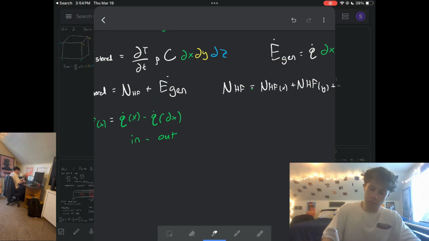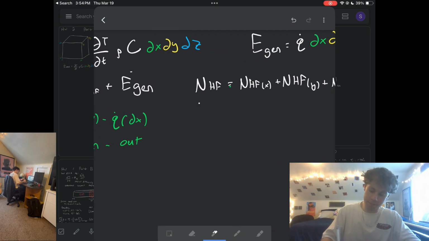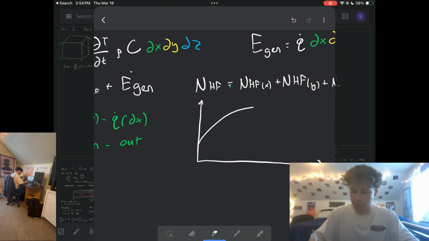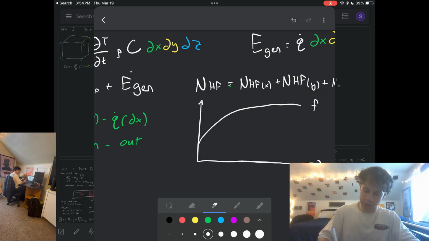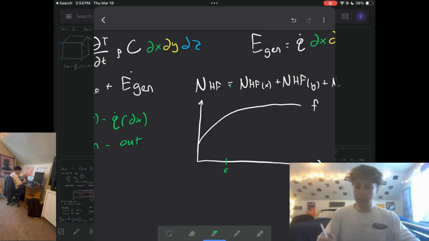So if we draw a coordinate system here with a curve of f, and say we have value x here, and we know that the slope at x would be this. So the change of our curve f with respect to position.